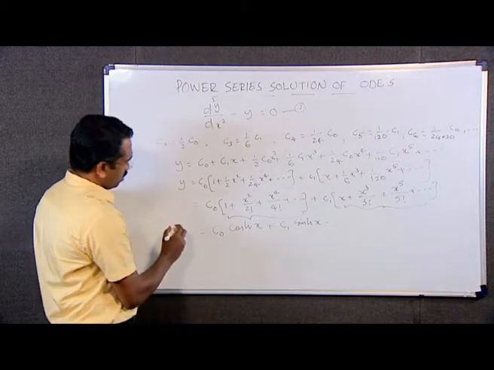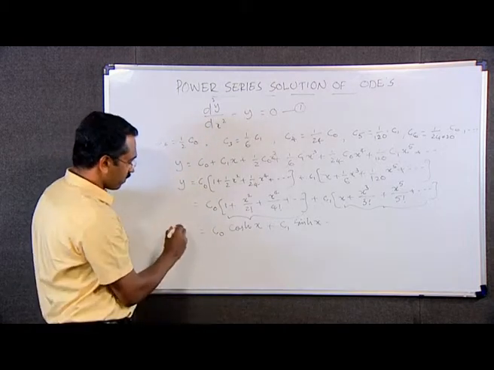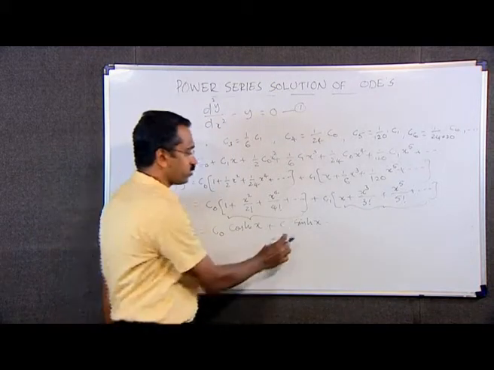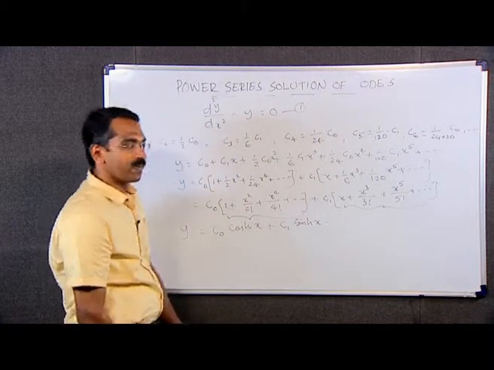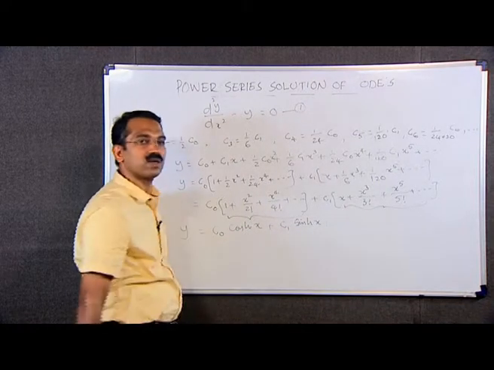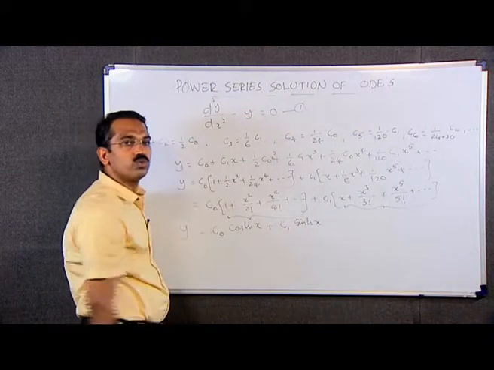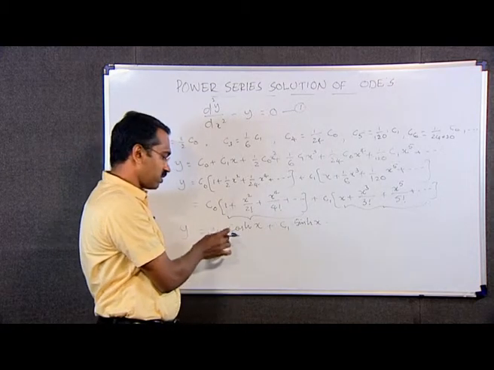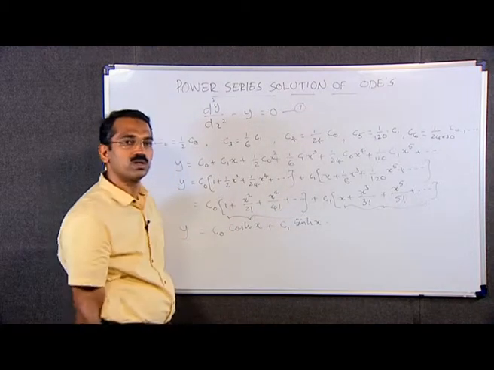Therefore, we will obtain the required solution of the given differential equation as y is equal to C naught into cos hx plus C1 into sin hx, that is the linear combination of two hyperbolic functions cos hx and sin hx. Since the given differential equation is of order 2, the solution will contain two arbitrary constants. Here the two arbitrary constants are C naught and C1.